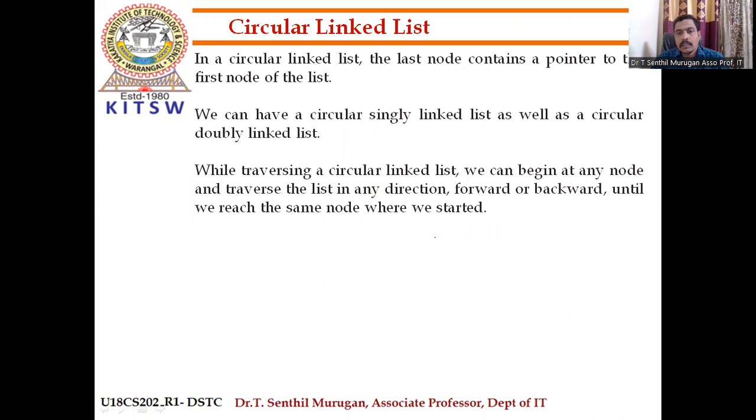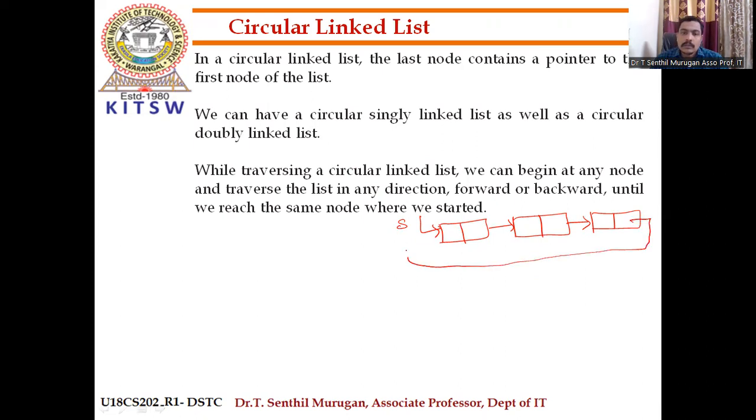So what happens if the nodes are connected like this? Each node is connected like this. In a circular linked list, this is the first pointer, the start pointer. Then what happens? The last node is connected to the first node. In this case there is no reverse direction.